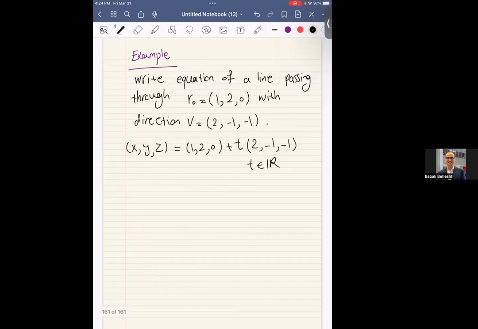So this is the vector equation. The parametric equation is basically the same thing, except that you write this vector equation in detail. So x is 1 plus 2t. y is 2 minus t. z is 0 minus t.